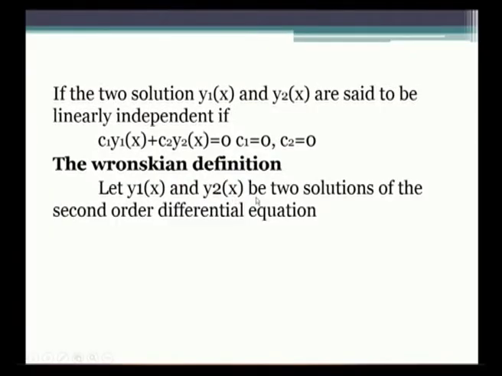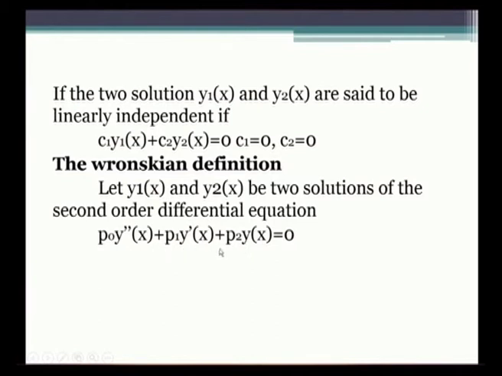Now, the definition of the Wronskian. Let y1 of x and y2 of x be two solutions of the second order differential equation P0 y double prime of x plus P1 y prime of x plus P2 y of x is equal to 0.